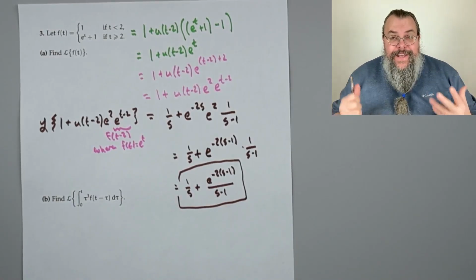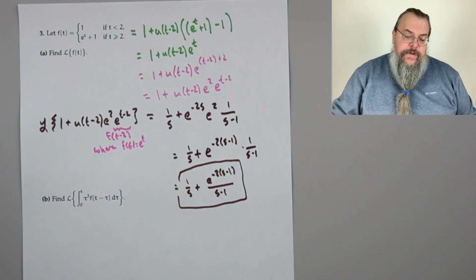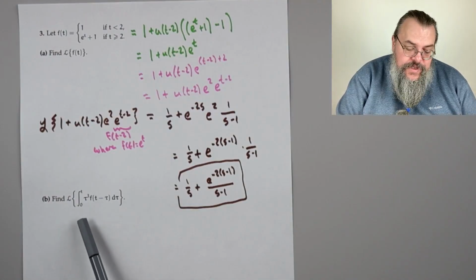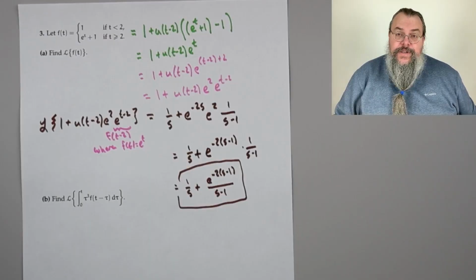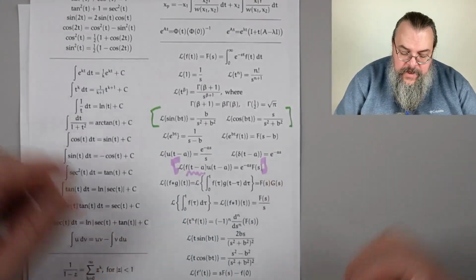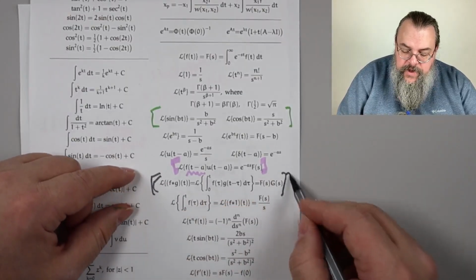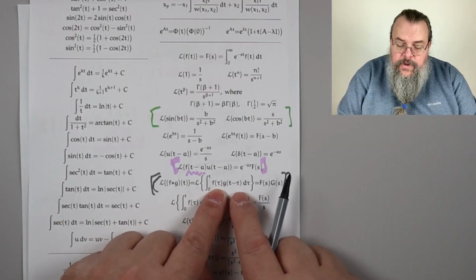Now that's part A. What about part B? Well, what do we have? We're looking for the Laplace transform of the integral from 0 to t of tau cubed f(t-tau) d tau. Well, does that look like anything? And the answer is, it does. See how one part is tau, one part is t minus tau.